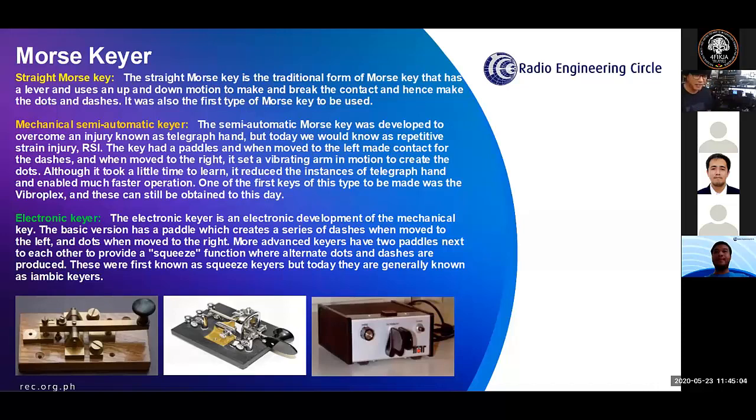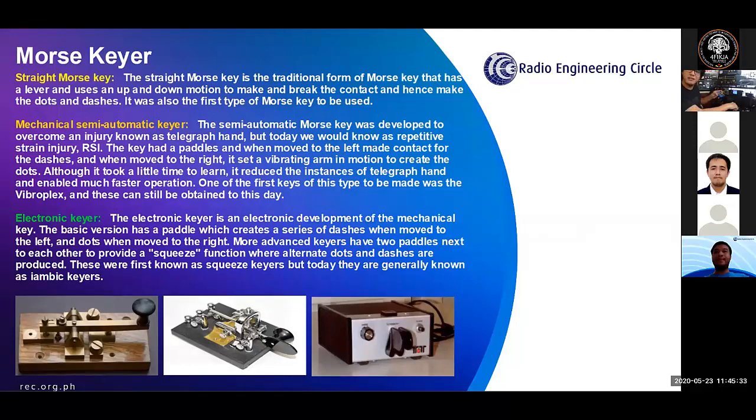I don't have a bug example here, but a bug is basically much like this one, but you have only one paddle. So the dit is being generated mechanically. So this is how it sounds. If you have the bug, the sending of dit is automatic, and the dash is automatic.